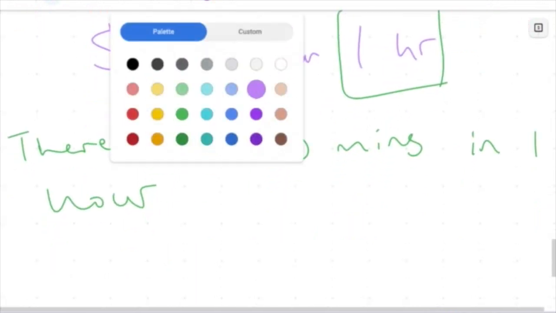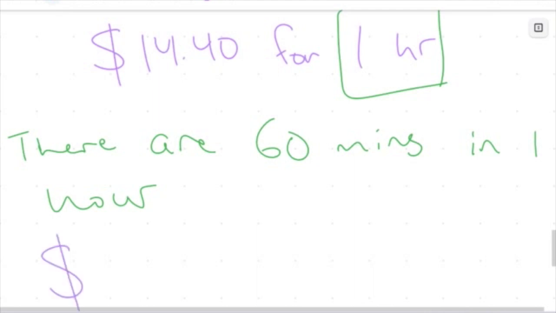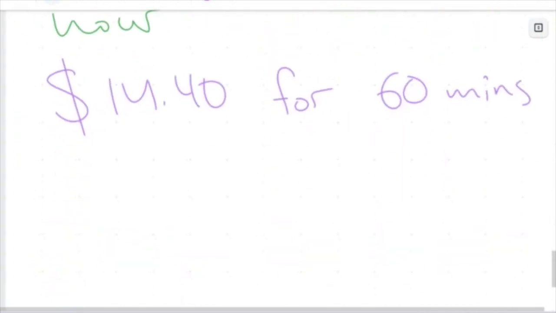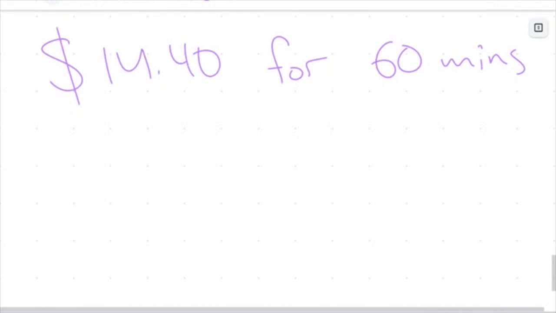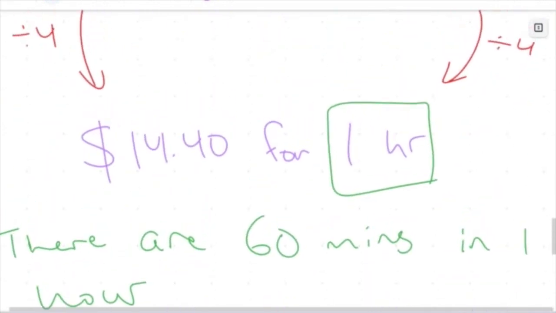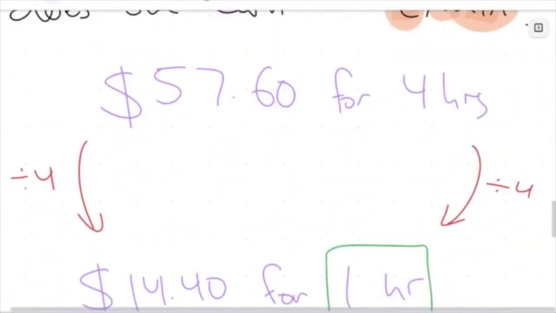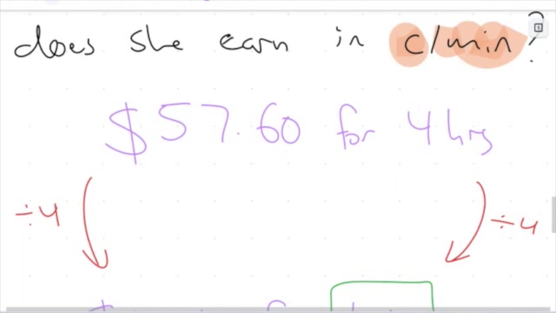So Mel, in other words, makes $14.40 for 60 minutes. And now I'm speaking the same language, right? I was kind of talking in different languages here because I had hours and minutes and I need to do a little bit of conversion. And this will get me to this part of my rate, the minutes, something per minute.